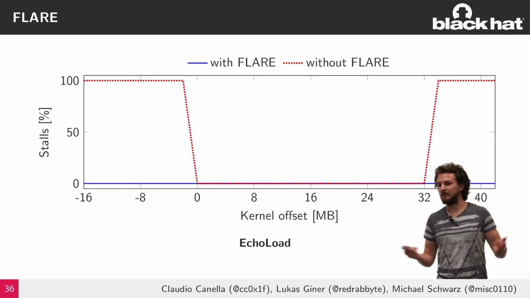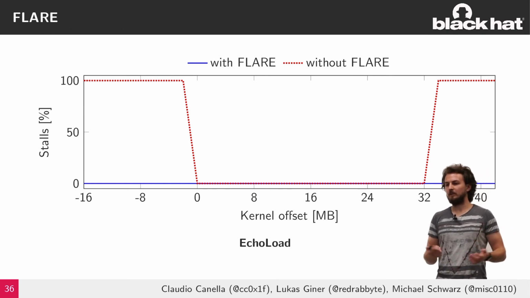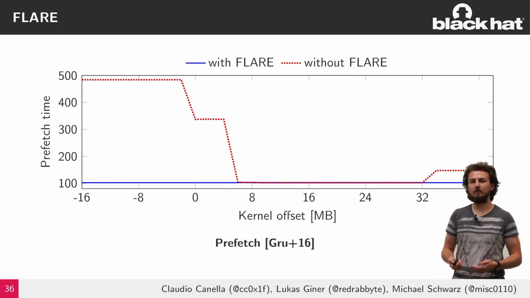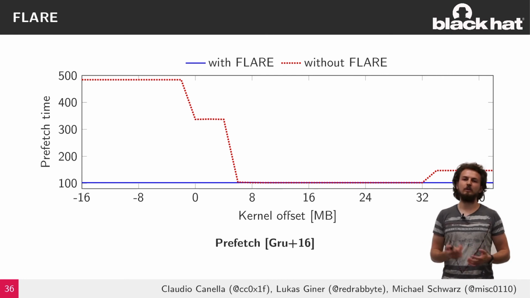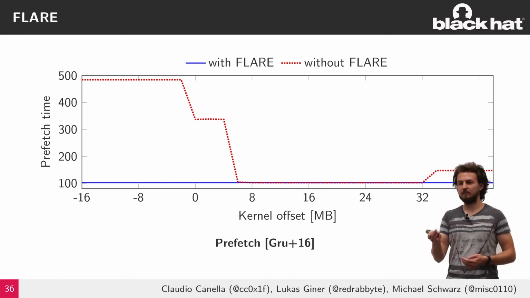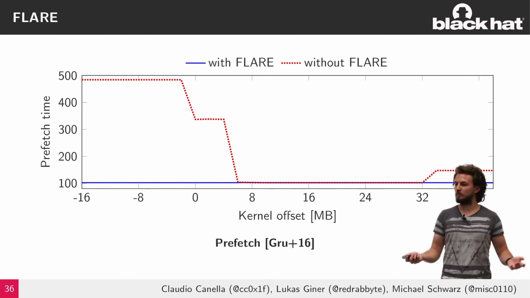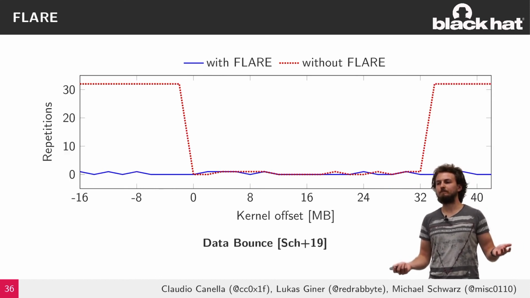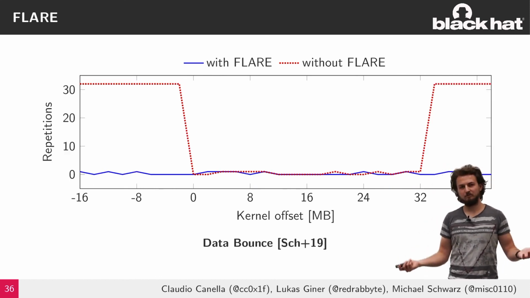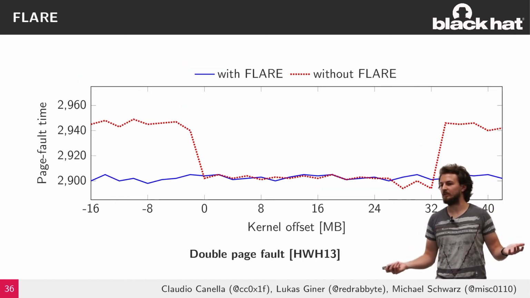So when we take another look at all the other attacks, we have seen EchoLoad already before. Prefetch, this is the one that was able to differentiate the different page sizes. We can see here unmapped, 1 gigabyte, 4 kilobyte, and 2 megabyte pages. With FLARE, there's nothing there anymore. Data Bounce, we've already seen that one, also not differentiable.